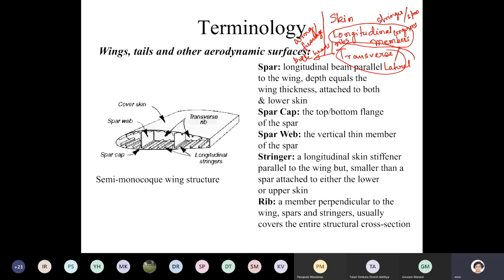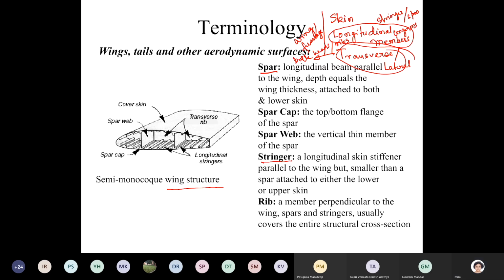First let us talk in detail about the longitudinal members. In case of a wing, there are two kinds of longitudinal member: spar and stringer. What is a spar? A spar is a longitudinal beam parallel to the wing length, or wingspan, and its depth is almost equal to the wing thickness.